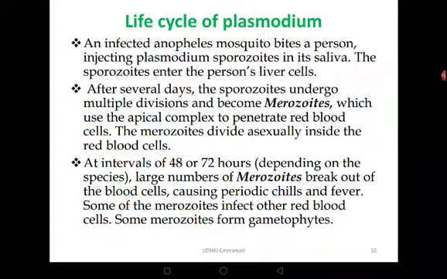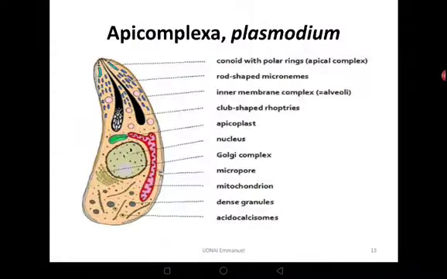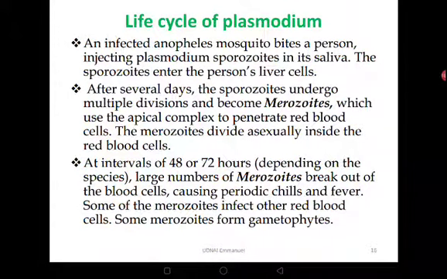So let's look at the life cycle of Plasmodium, the malaria parasite. How do you suffer from malaria? How do you contract it? That is what we want to look at. What is important is that this malaria or Plasmodium parasite is transmitted by an insect called a female Anopheles mosquito.